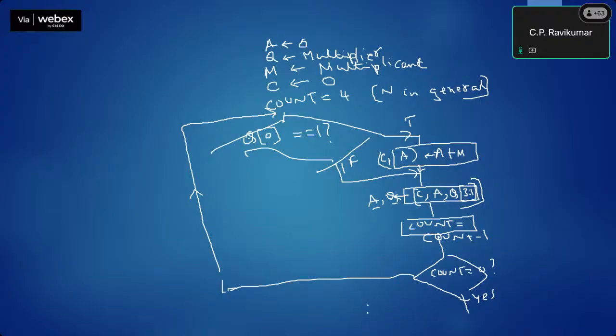When we stop, A and Q have the product. Okay. Is this clear now?